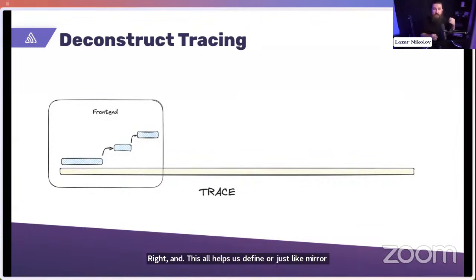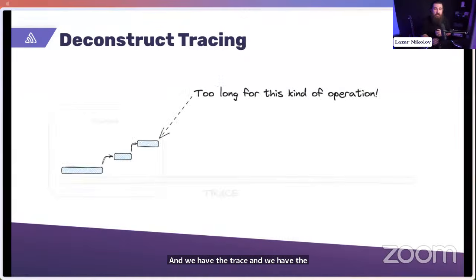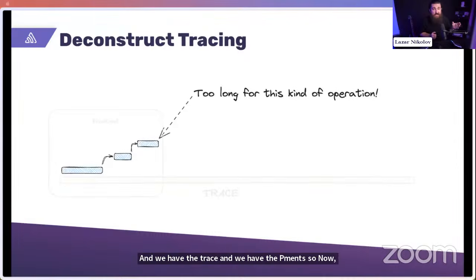We have the hierarchy, we have the contexts. The context is like the little span storage. And we have the trace and we have the parents. So now, because this technically is a Gantt chart, we can see which span took longer than we anticipated, right?